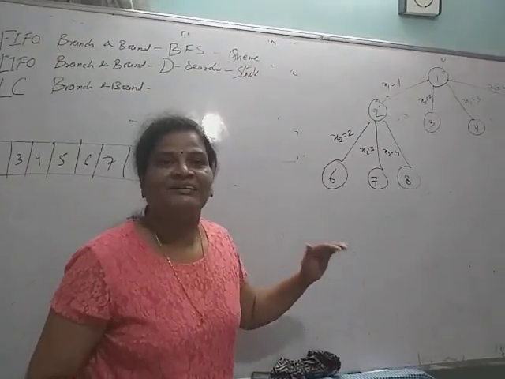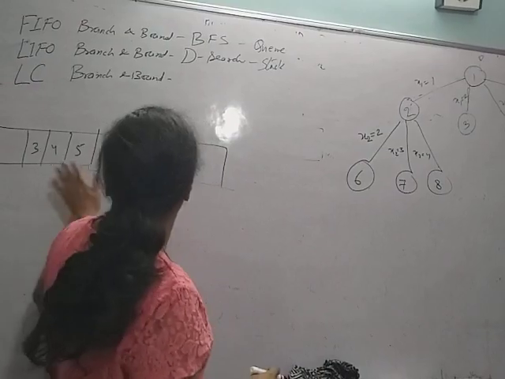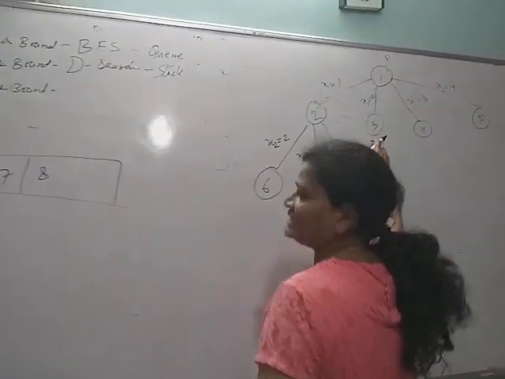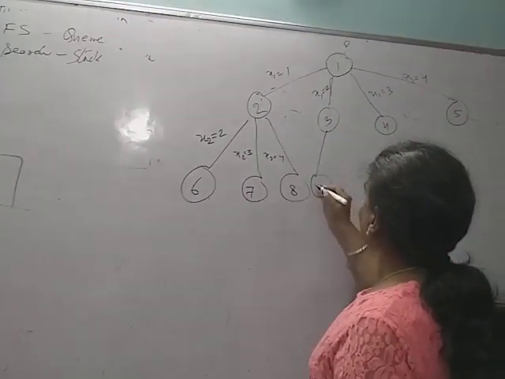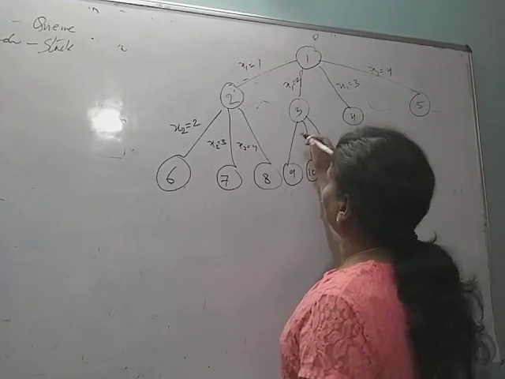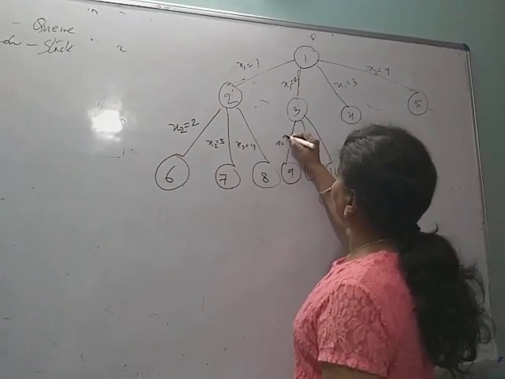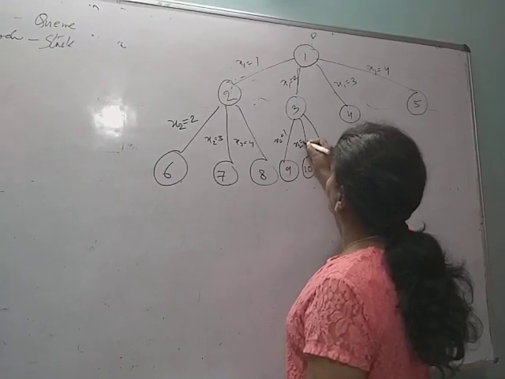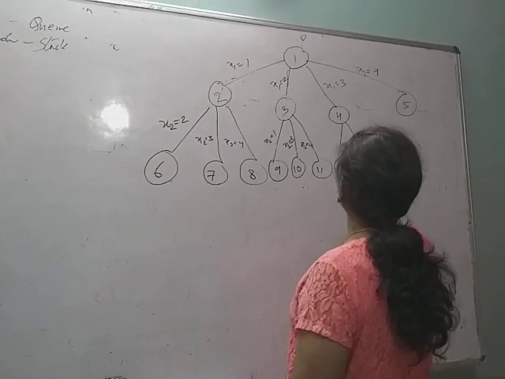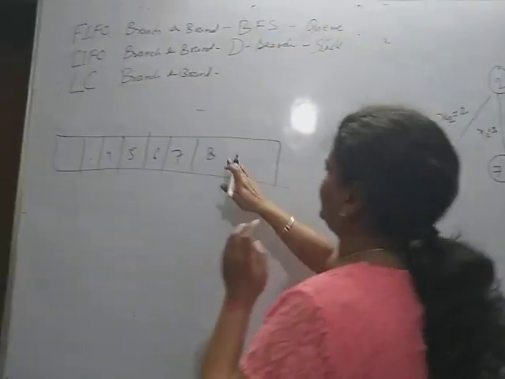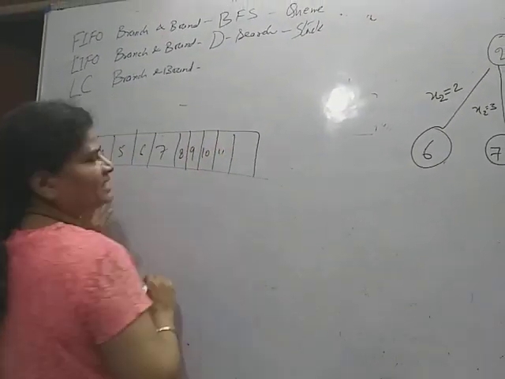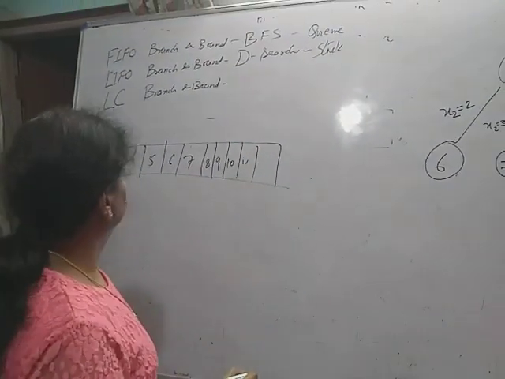Now the first live node in the queue will be considered as the next E node. Okay. So 3 will be the next E node. So 9, 10, 11. So here x1 equal to 2, and x2 equal to 1, x2 equal to 3, x2 equal to 4. Then 9, 10, 11 are to be added into the queue, and then the next is 4.